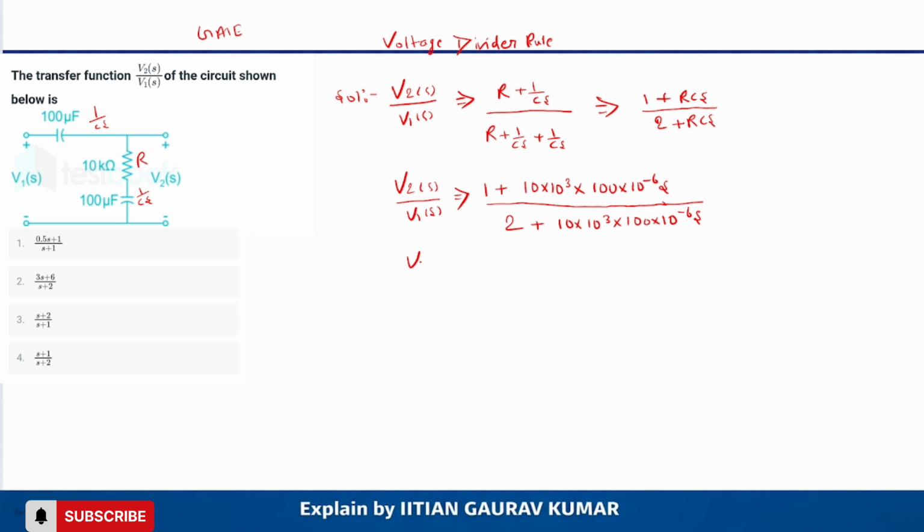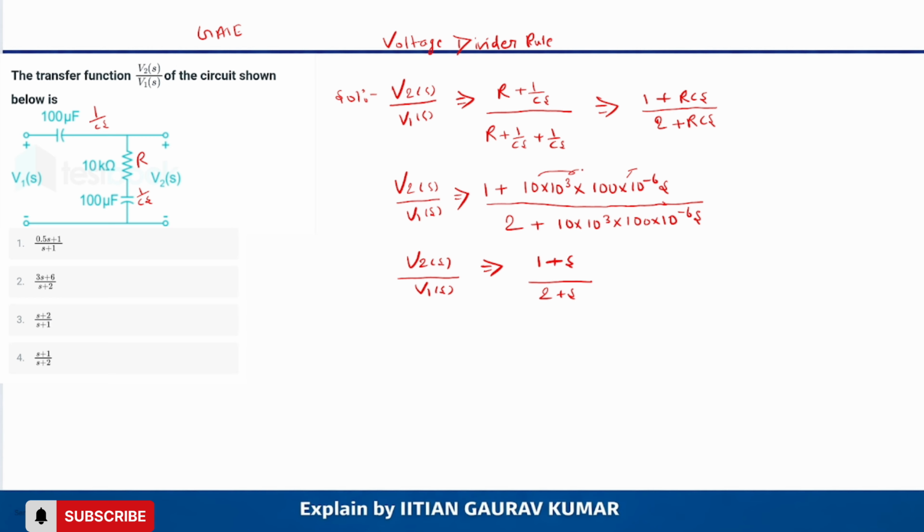So if you solve this, V2 of S divided by V1 of S, what value comes? 1 plus S, because of 10 to the power 4, and here is 2 plus S, because 10 to the power 6 and 10 to the power 6 cancel and 1 is remaining, okay.